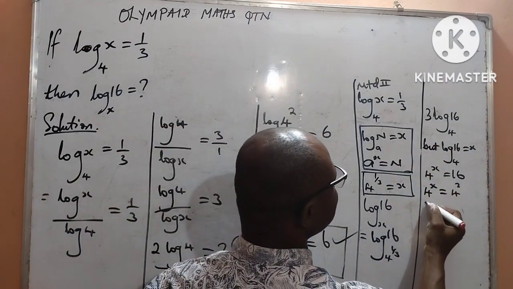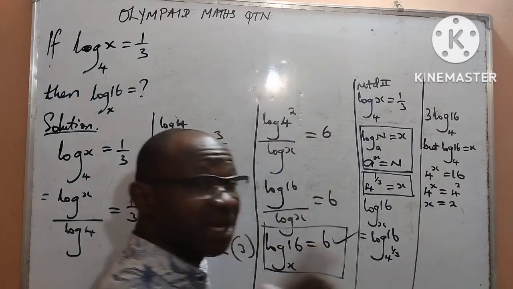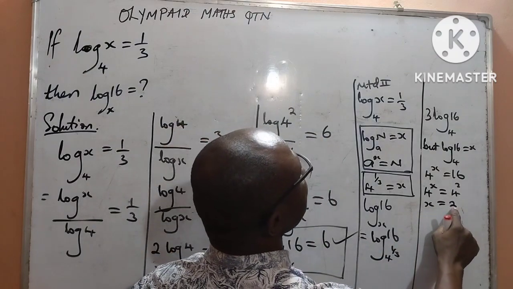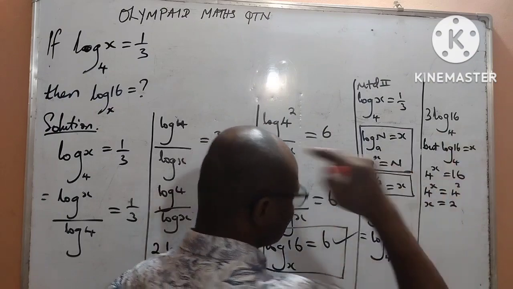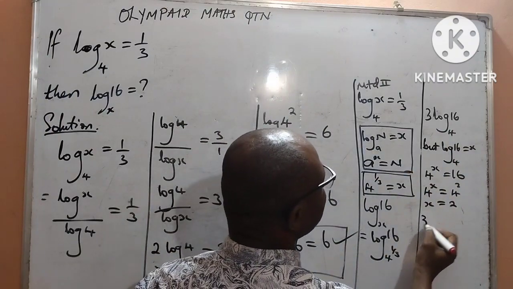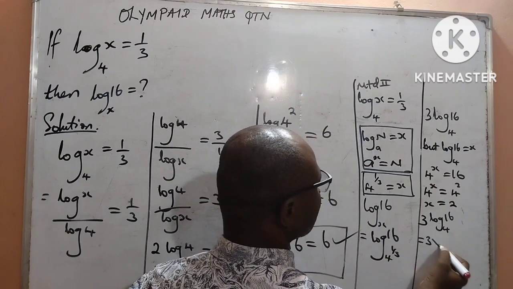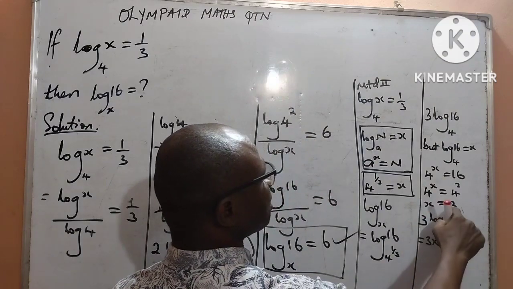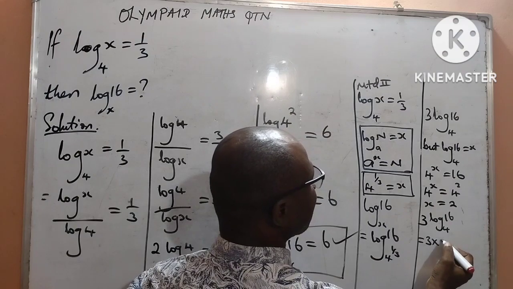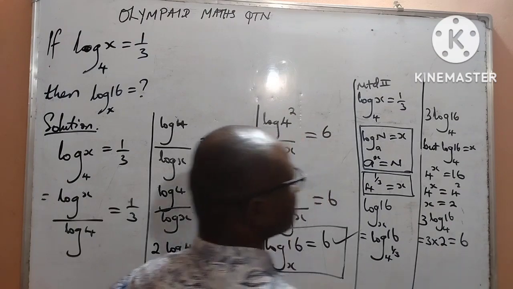So the bases are the same, and x is equal to 2. Now that I know x is equal to 2, I will come back to this place and write that 3 log 16 base 4 is 3 multiplied by 2, and that is equal to 6.